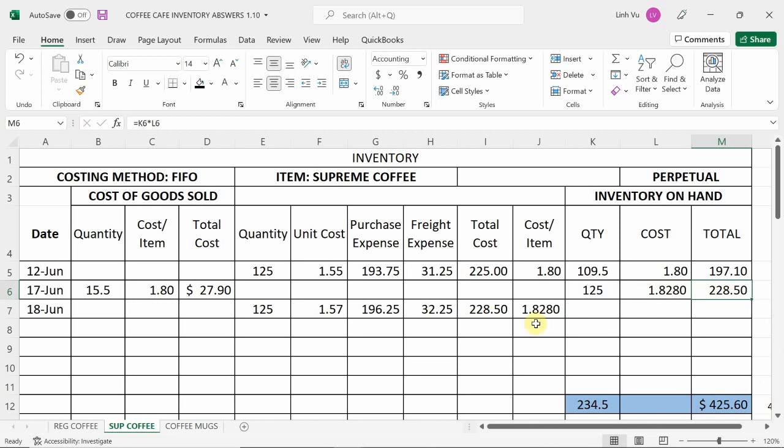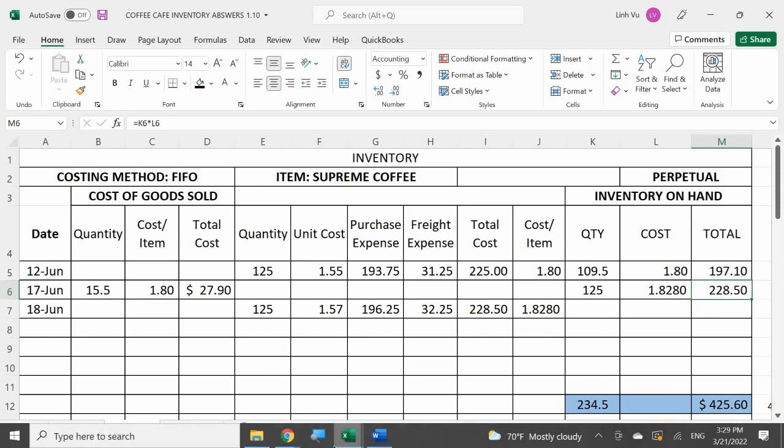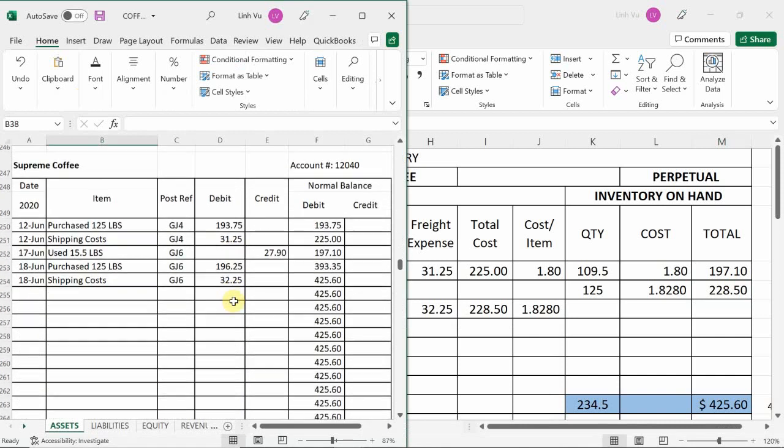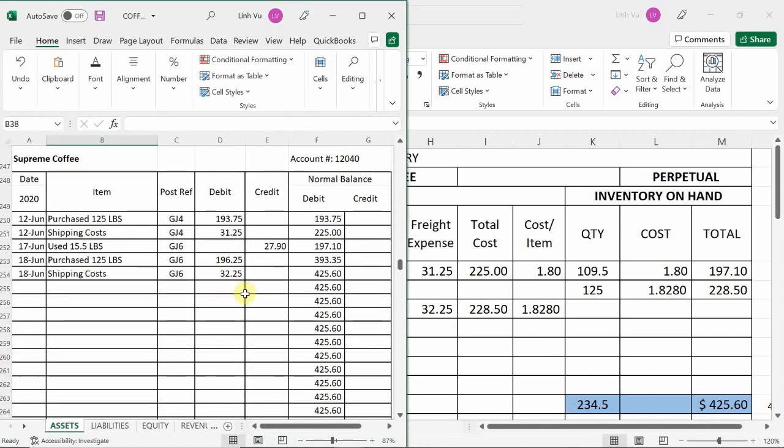Okay, so $228.50. So right now I should have $425.60 in my inventory for Supreme Coffee. And do I have that? In this case, yes, I do. I have $425.60.